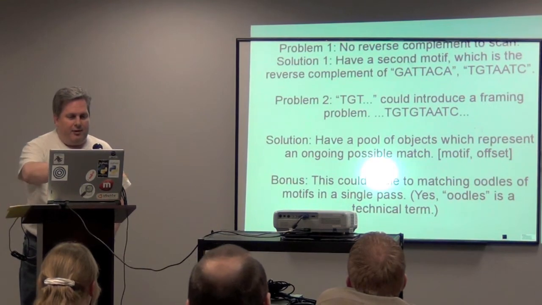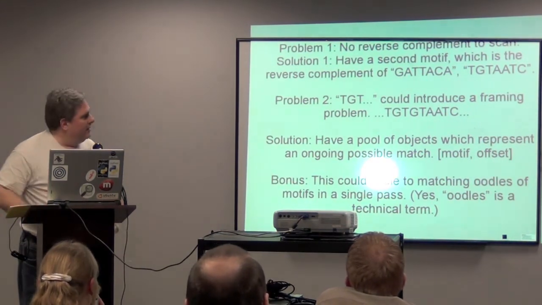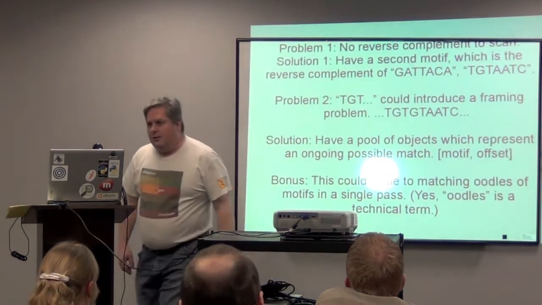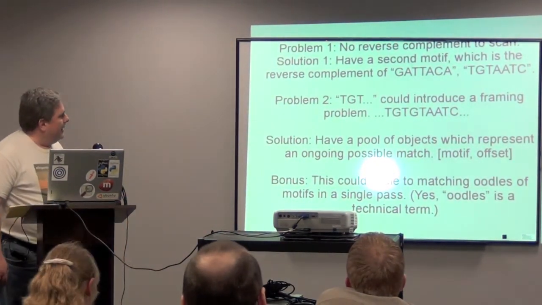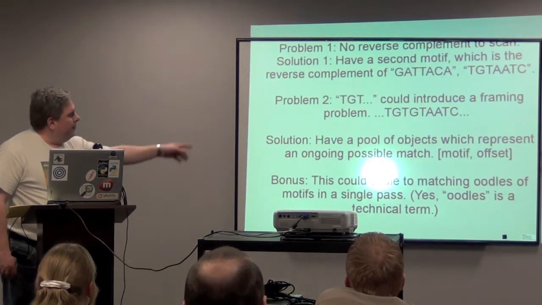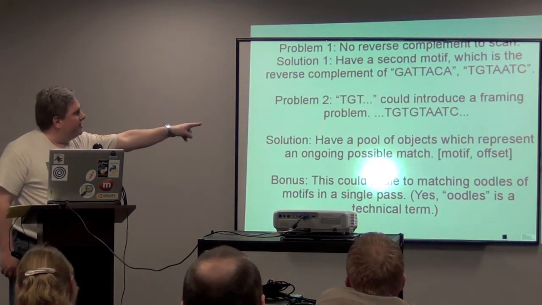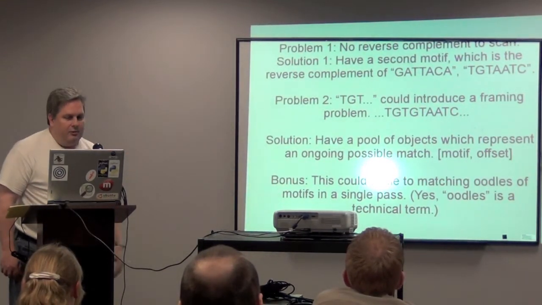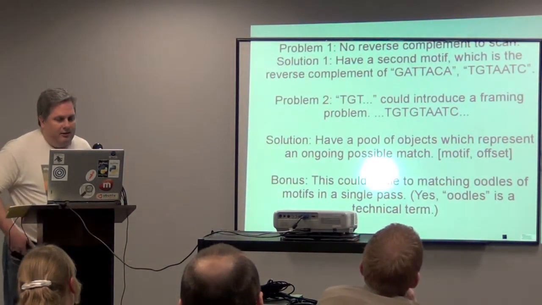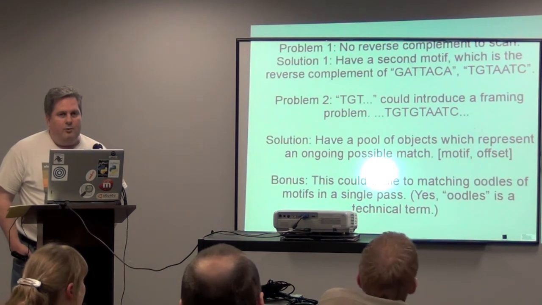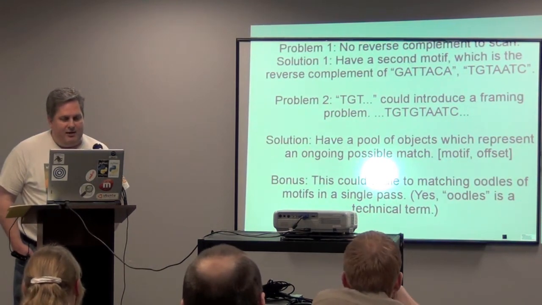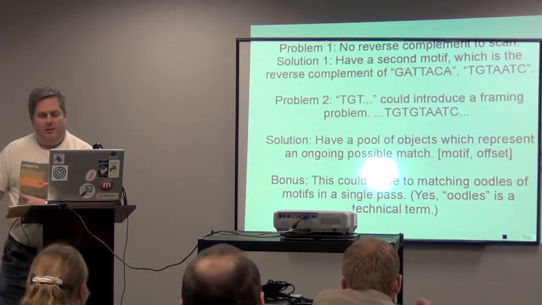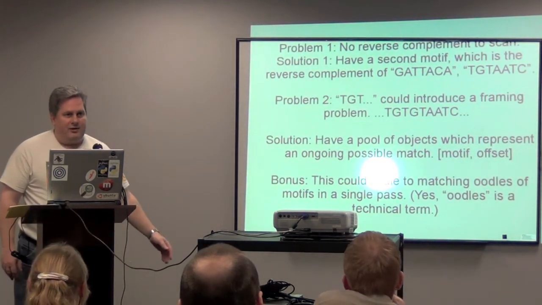If I start with the first T in that pattern there, then by the time I realize I'm not matching, I may have passed up other opportunities to look for a pattern that really was there. So what I did is I came up with this idea of just saying, I'm going to create this soup with possible matches.